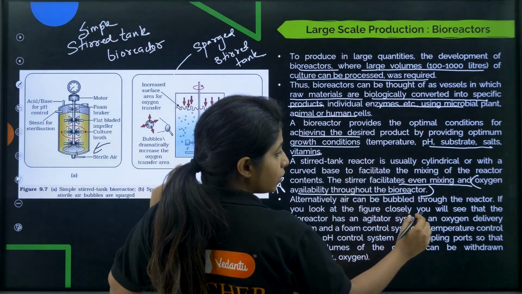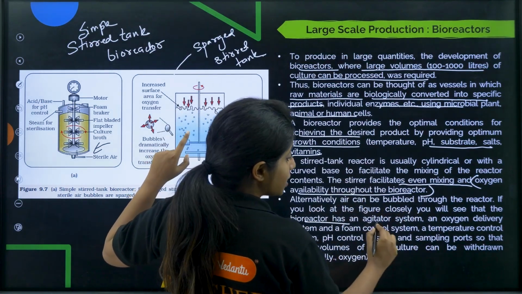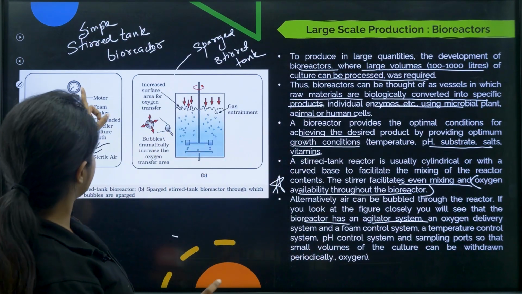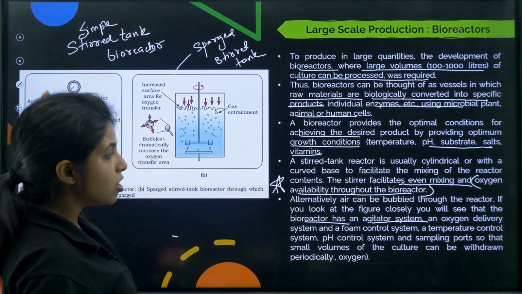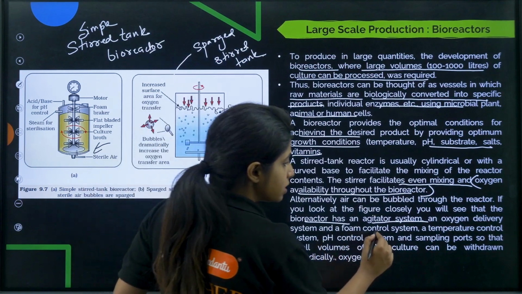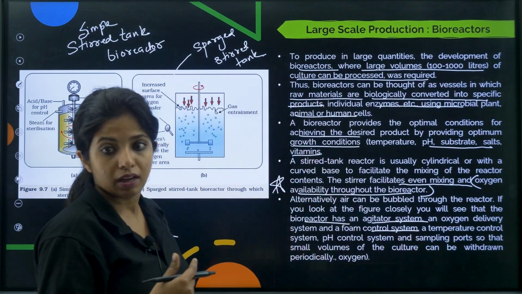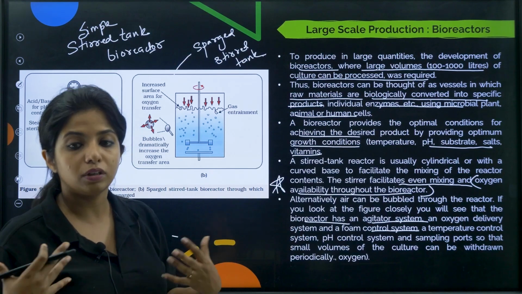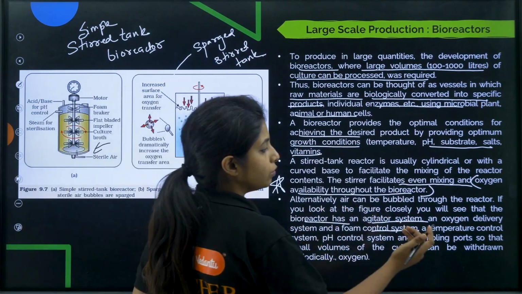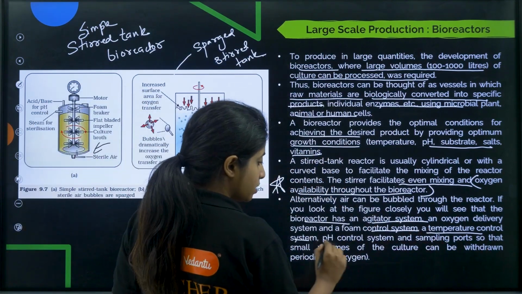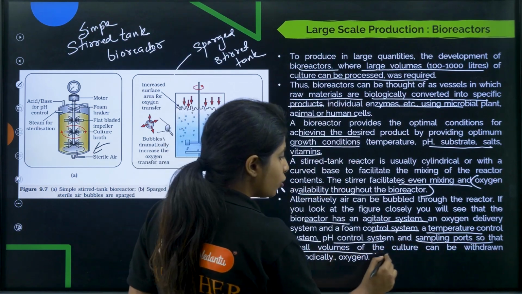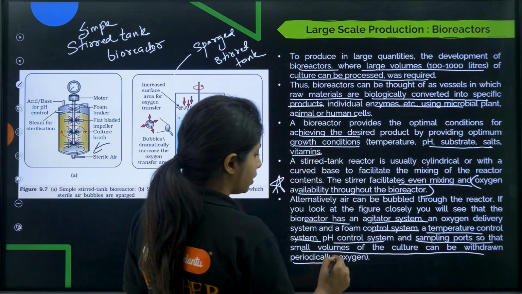If you look at the figure closely, you will see that the bioreactor has an agitator system to move things, an oxygen delivery system, and a foam control system, because obviously too much foam being produced could be very unhealthy. It won't be a good survival strategy for the bacteria or any host. There is a temperature control system, a pH control system, and sampling ports, so that small volumes of the culture can be withdrawn periodically.